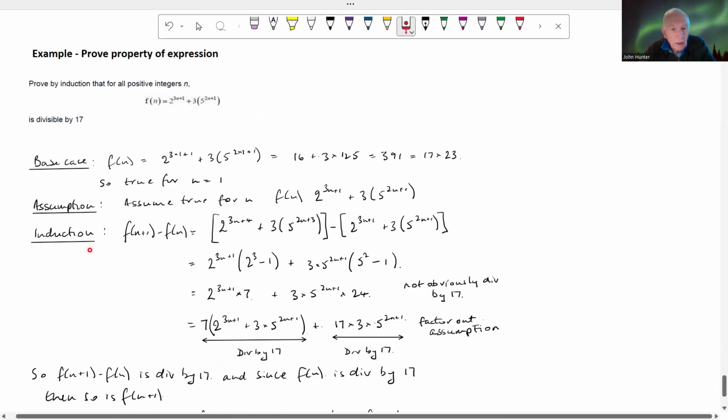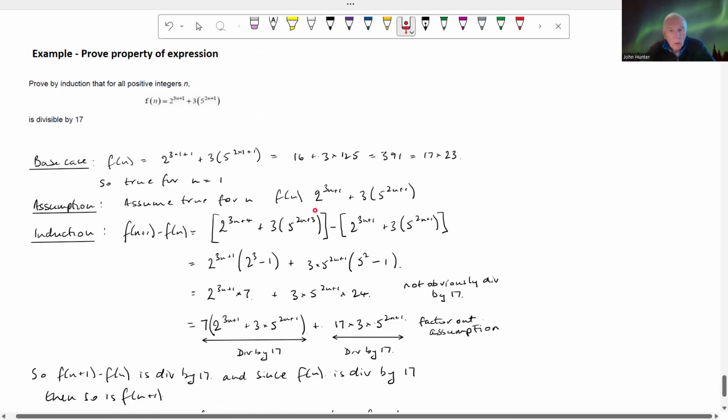And the induction is: if we assume that it's true for that, and it's true for the difference of the two, then it must be true for f of n plus 1. Now the difference of these two is, this is f of n plus 1, and this is f of n.